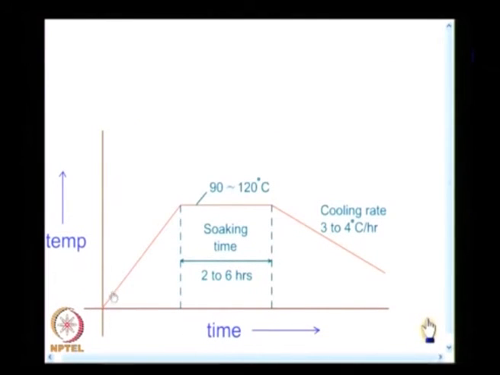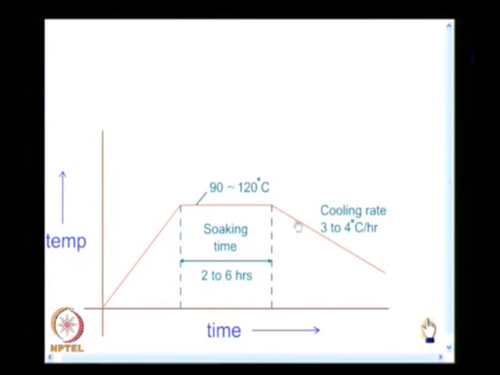I have a gradual heating, I reach the critical temperature, then I soak it at that temperature for several hours depending on the complexity of the model, until the entire model reaches the particular temperature, then cool it at a rate of 3 to 4 degrees centigrade per hour.